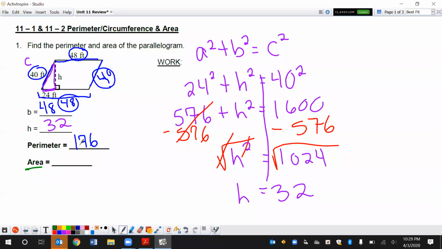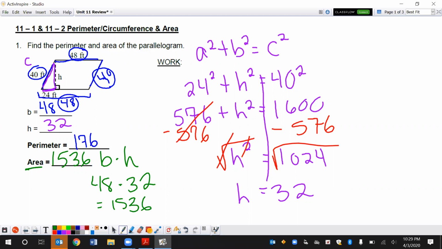So right here, b times h, base is 48, height is 32, 48 times 32 is 1,536. That's my area.